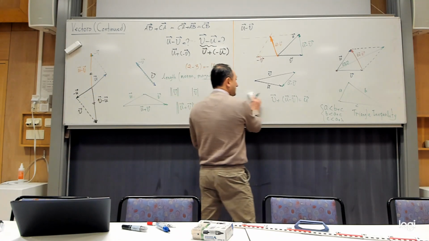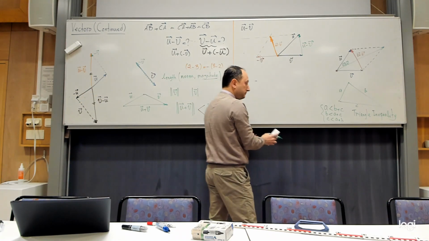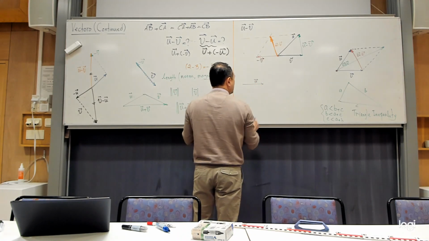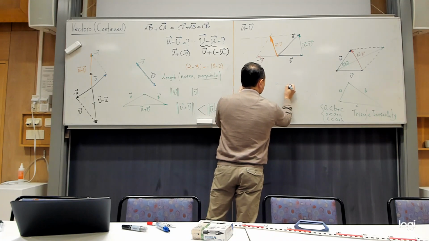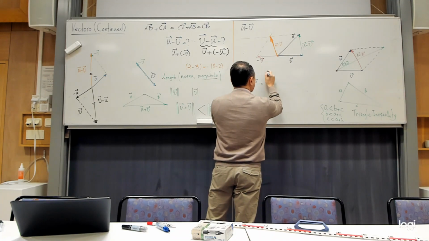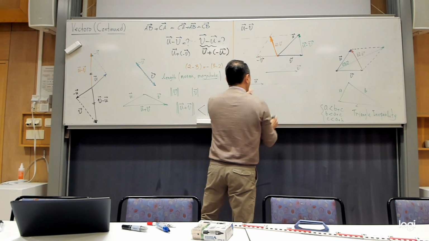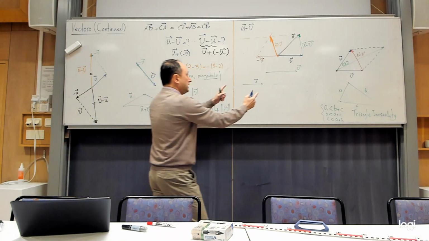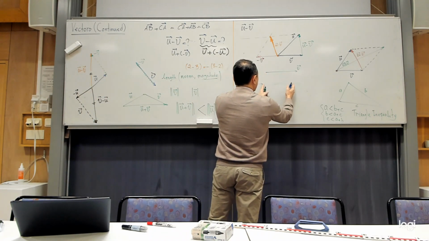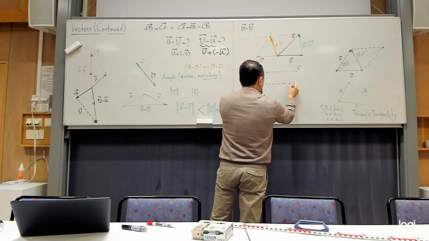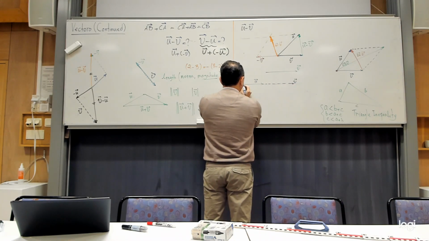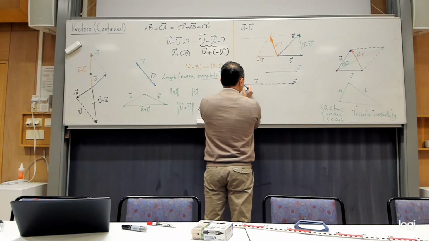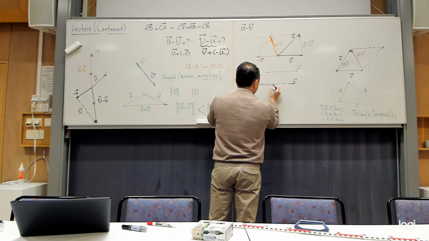So yes. This is not possible for a triangle. So if I have this scenario, assume that this is U and then this is V. Let me just draw it here. So this is V. And I want to determine U plus V first. So what is U plus V? I have to parallel transport it and put it here. This is also V. And then from the initial point to the final point, I draw, just to make it clear, very close to it.